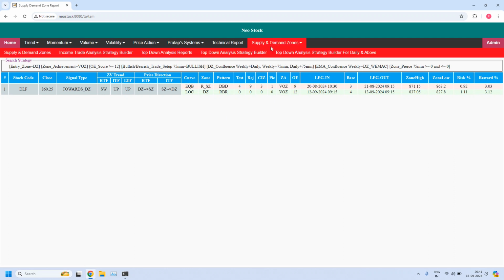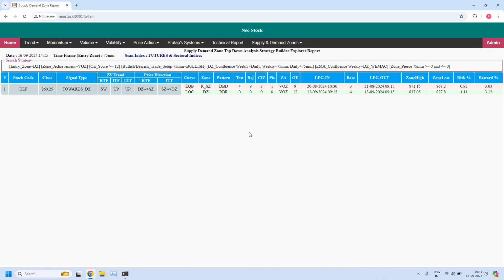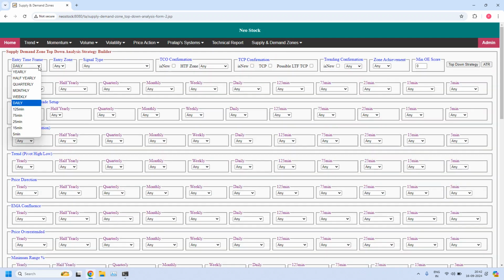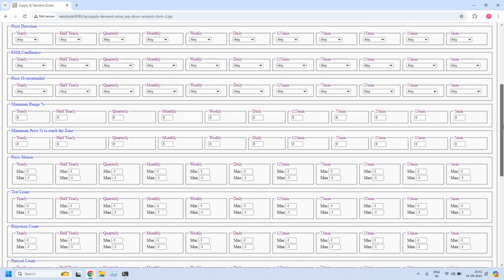Okay, fine. Next up, let us look for a bearish trade setup for weekly income trade. So entry time frame is 75 minutes. So entry zone should be supply zone. In bullish or bearish trade setup at 75 minutes, I am selecting bearish. That 75 minute supply zone should not be pierced.